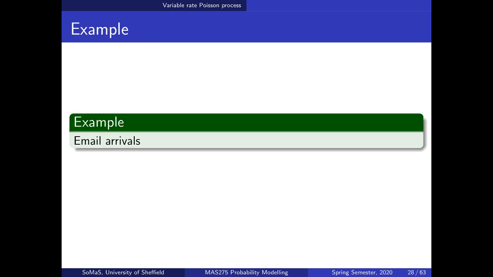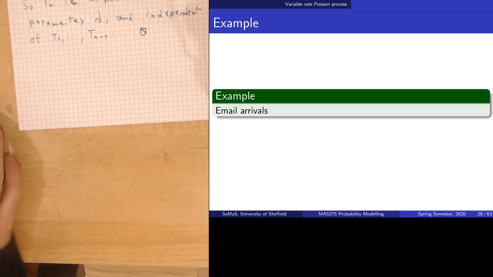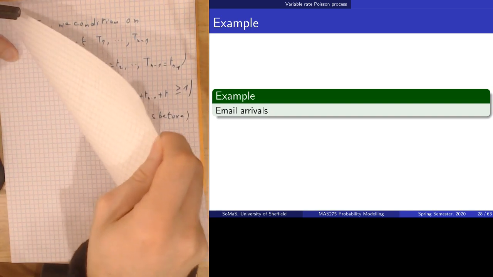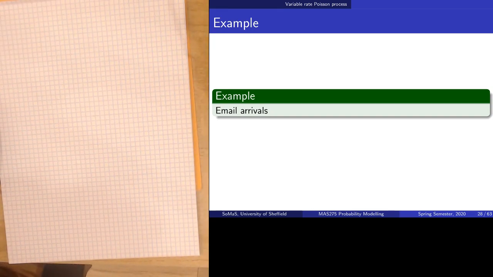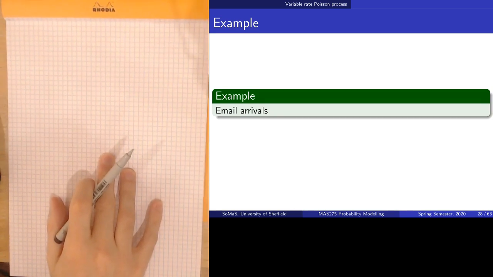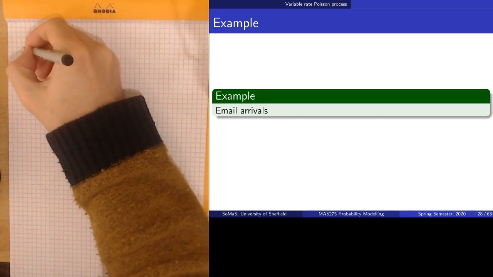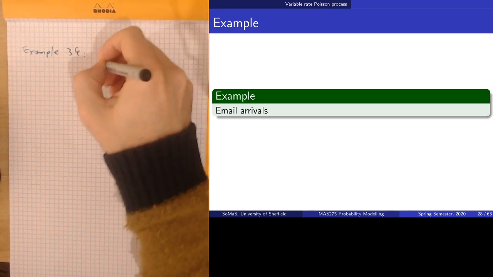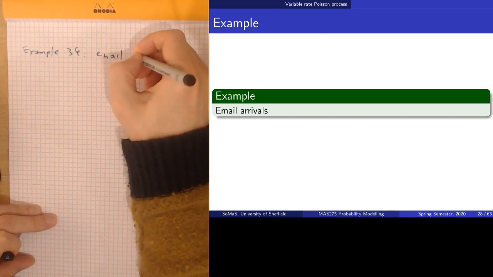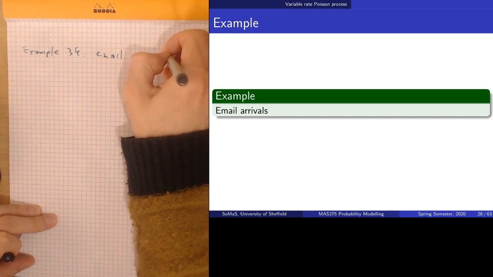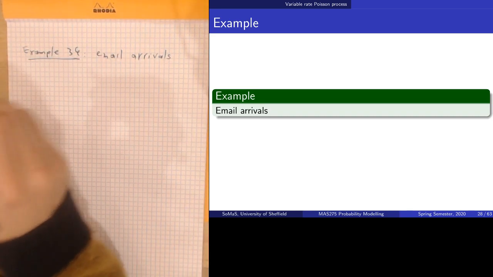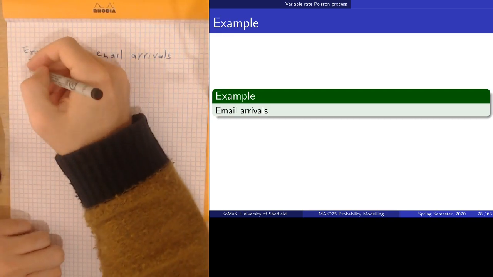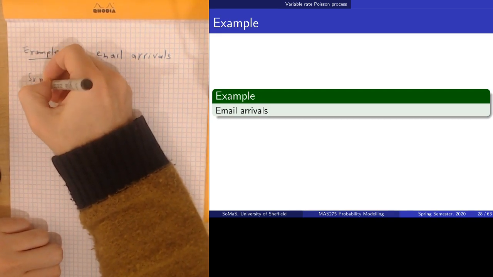All right, let's give a fairly arbitrary example. I'm going to use an example about email arrivals. Example 34, email arrivals. Suppose you have your email inbox.